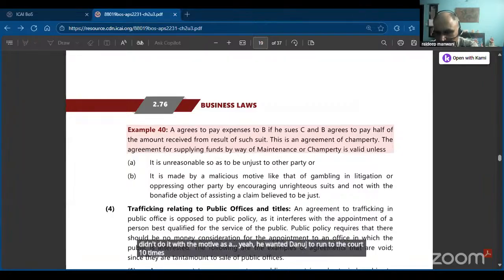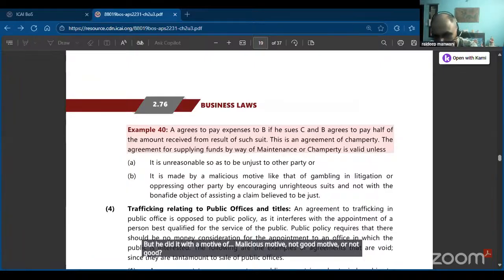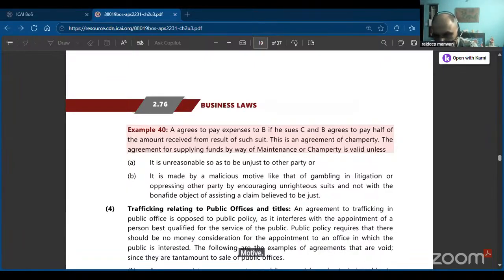He wanted the police to harass Dhanush. He didn't do it for the purpose of protecting or helping Gangotri, but with a malicious motive, not a good motive. Understood or no? Yes, sir. Next point.